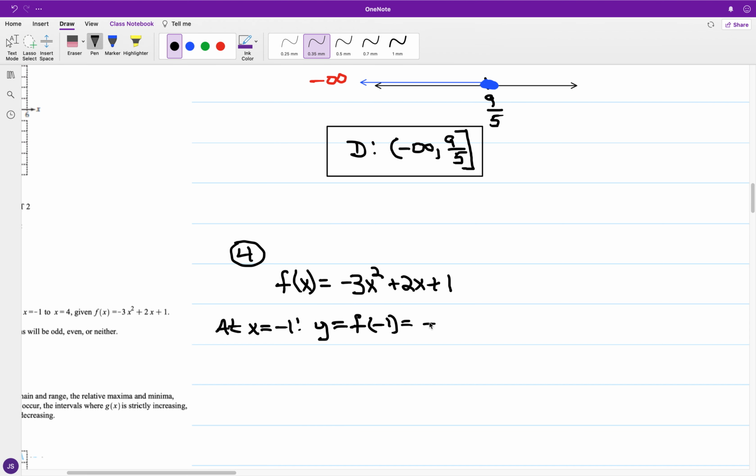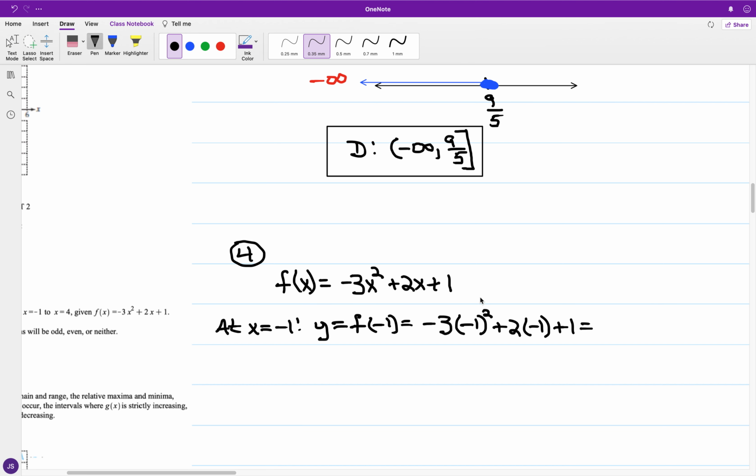So we have -3 times the square of -1, plus 2 times -1, followed by the addition of 1.